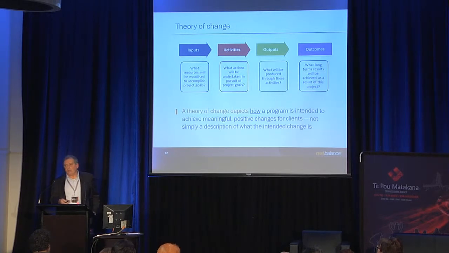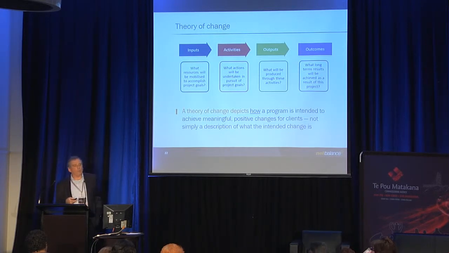You go through step by step. You think about the inputs, the activities, the outputs from your programs, and then work out what the outcomes are as a team, and really look into how things connect together, how different activities work in combination to achieve those outcomes.